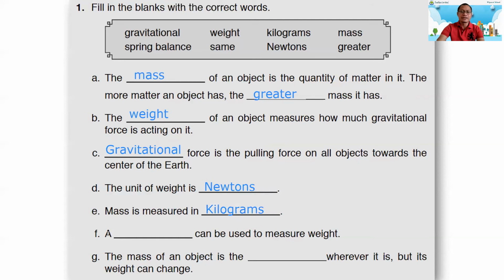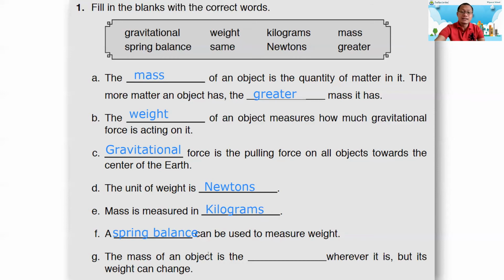Next, letter F. A blank can be used to measure weight. What do we use to measure weight? Yes, it's a spring balance. Next, letter G. The mass of an object is the blank wherever it is, but its weight can change.